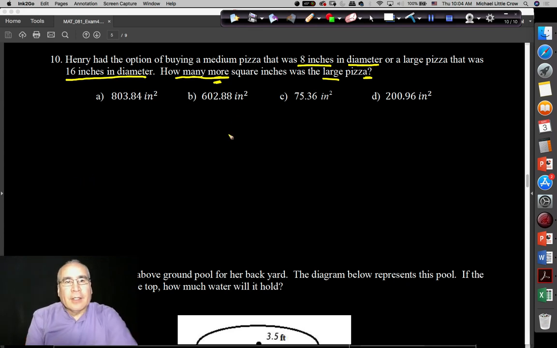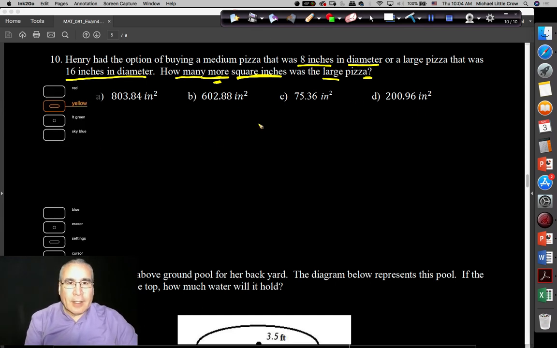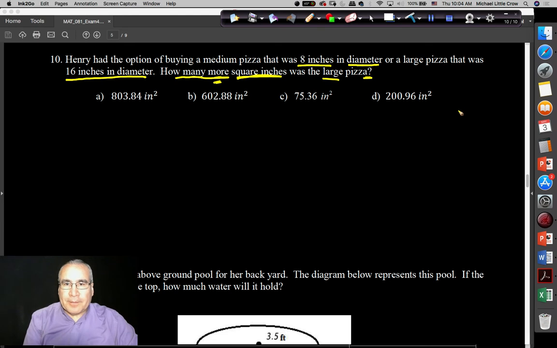Okay, so for this question, we need to find the area, how many more square inches. When we're talking square inches, we know we're talking area. So we've got a large pizza. Actually, I forgot I've got these tools that can draw circles.